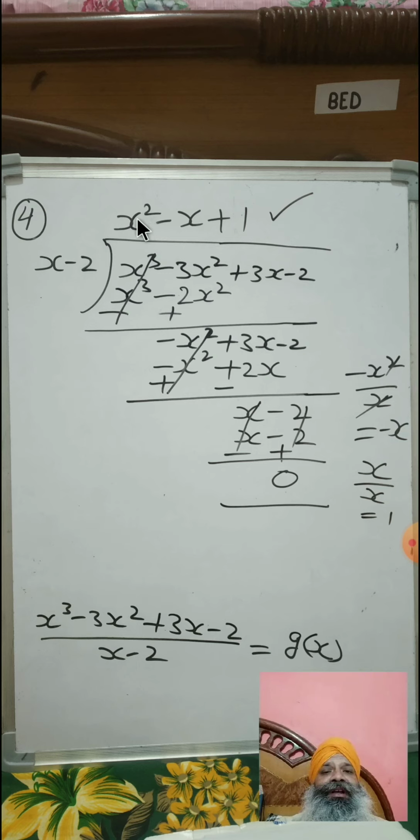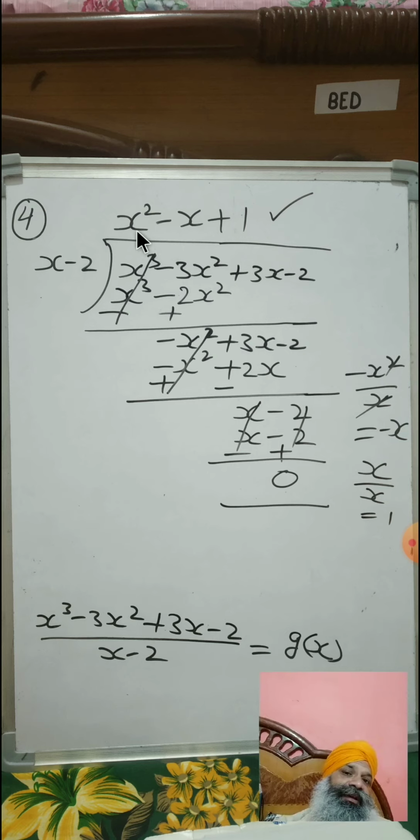This is the first term of the quotient. To find the first term of the quotient, we will use a method that I told you many times. The first term of the dividend is x cube and the first term of the divisor is x. When we divide the first term of the dividend by the first term of the divisor, we get the first term of the quotient.